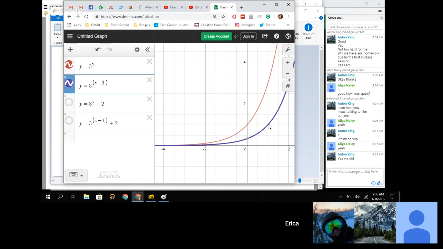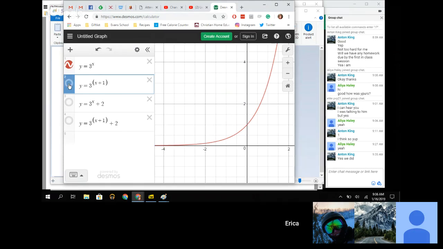Remember how that's kind of weird: when it's inside the function and you're adding, you shift the graph to the left. When it's inside the function and you're subtracting, you shift to the right. Okay, so that's the first thing that's happening to our big equation down here.